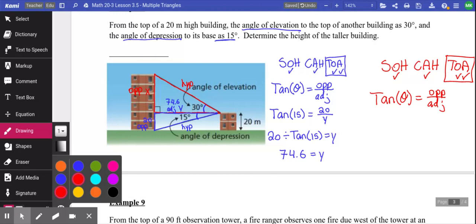I fill in what I know. So this becomes tangent of 30 equals opposite, which is x, divided by adjacent, which is 74.6.